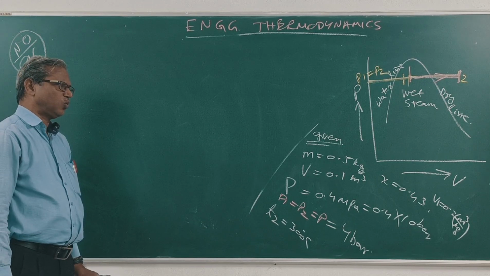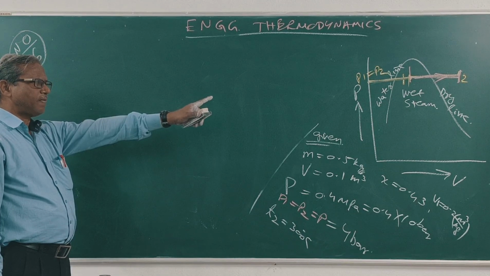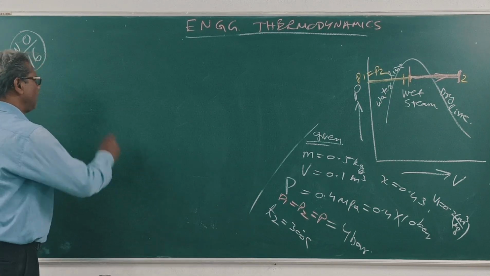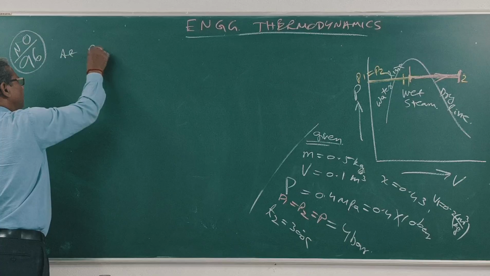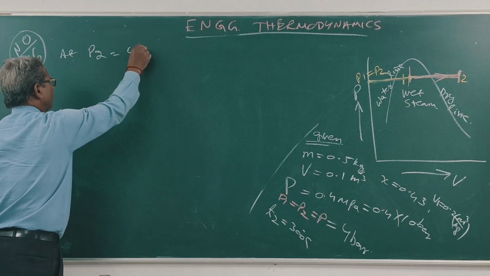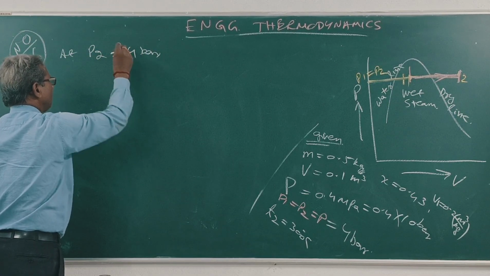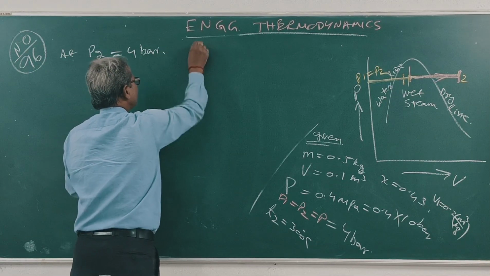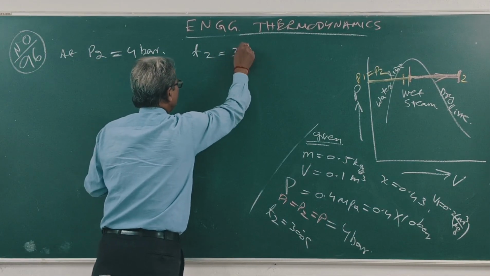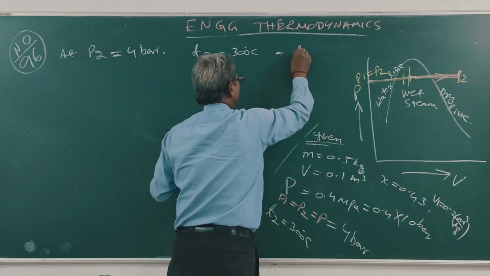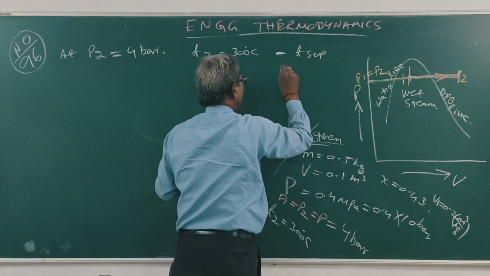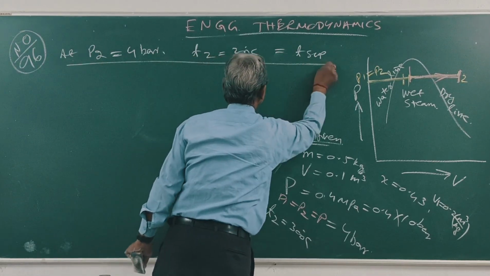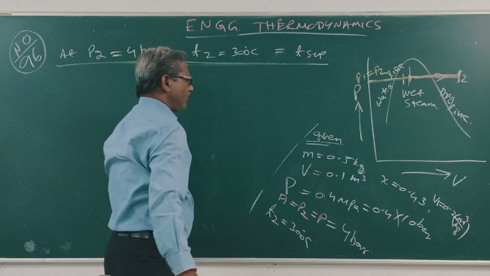Now point 2 is at constant pressure, but temperature is 300 centigrade. Clear? At P2 equal to 4 bar and T2 is equal to T superheated. Clear? We'll find all the values.